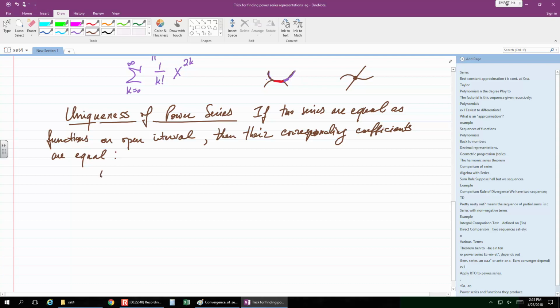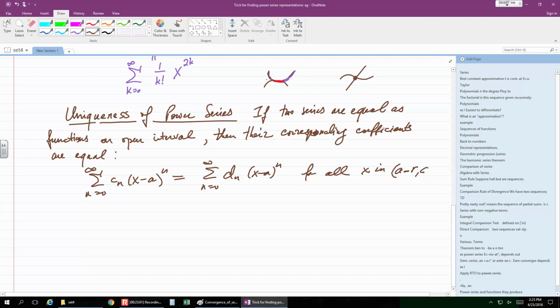So let's put it this way: sum Cn (x minus a)^n from 0 to infinity is equal to sum Dn (x minus a)^n from 0 to infinity for all x in an interval, say a minus r, a plus r. Okay, like this. So as long as r is positive, we have an interval of non-zero length, and that is sufficient to compare two series.